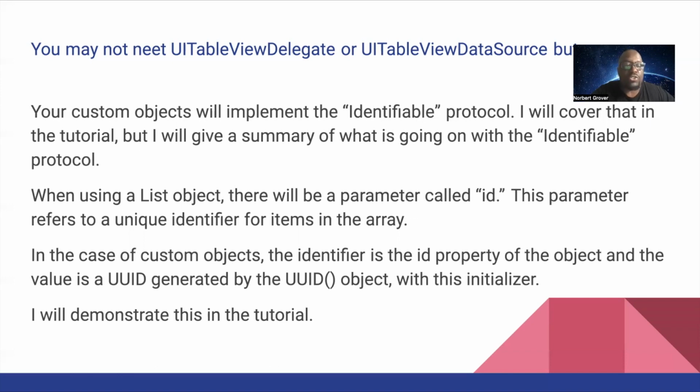This parameter refers to a unique identifier for items in the array. In the case of custom objects, the identifier is the id property of the object, and the value is a UUID generated by the UUID object with its initializer. I will demonstrate this in the tutorial.